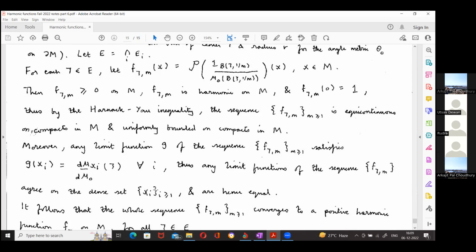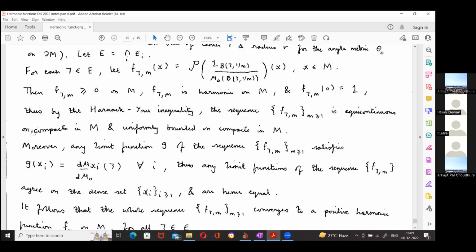So that means if you have a sequence which is equicontinuous and uniformly bounded, such that all limit points are equal, there's a unique limit point of the sequence, then the whole sequence is convergent, right? Is that clear?